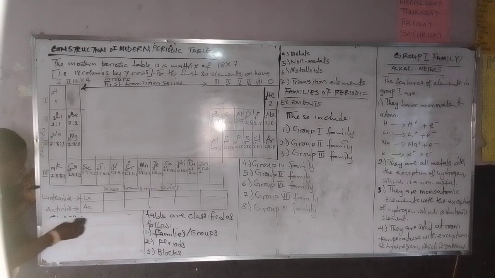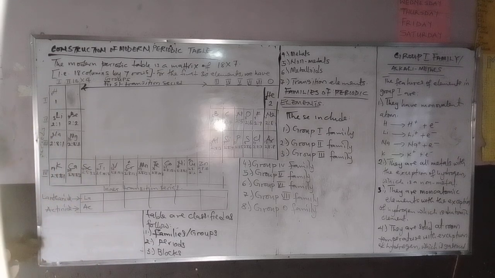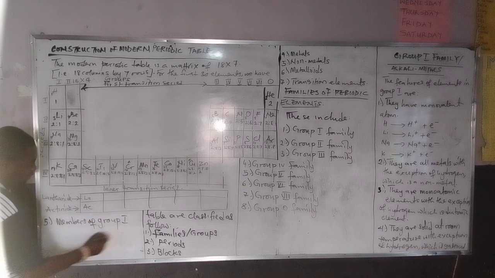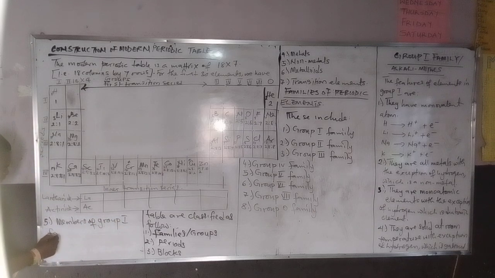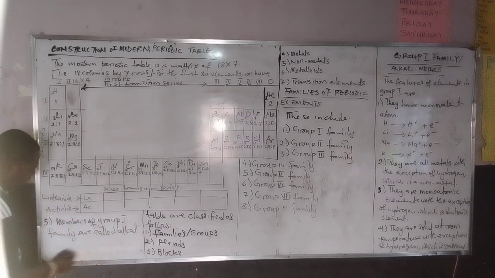Now, let's look at another thing here. That's number 5. Let's look at the number 5 point. Why are they called alkali metals? Members of the group 1 family are called alkali metals.